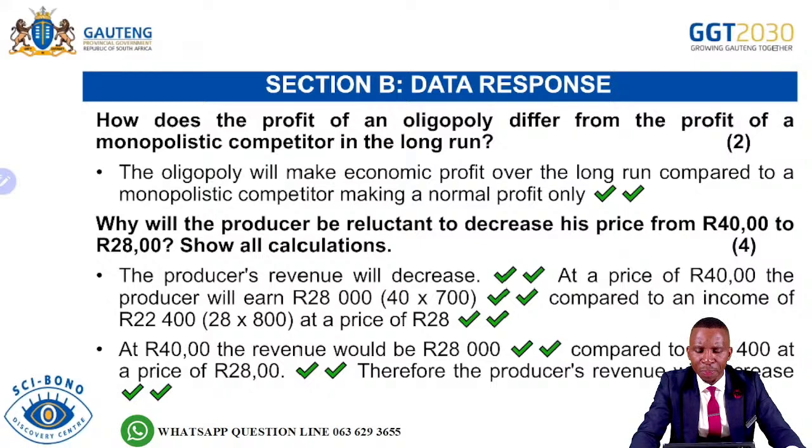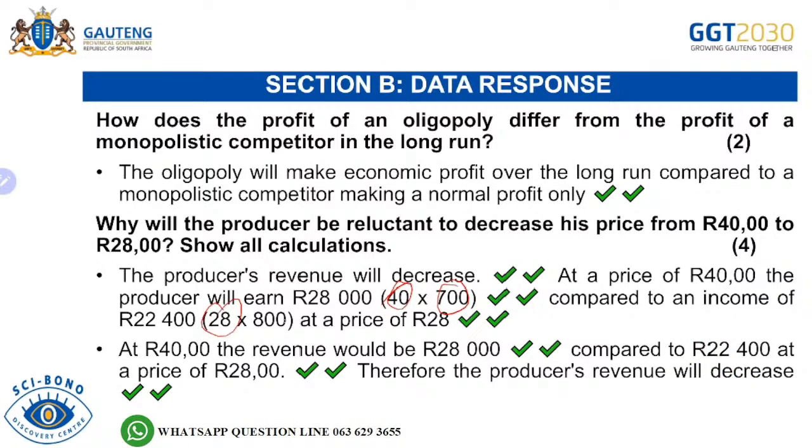Why will the producer be reluctant to decrease his or her price from 40 rand to 28 rand? Show all calculations. In this case, you have to calculate total revenues and compare. So let's see. The producer's revenue will decrease. At a price of 40 rand, the producer will earn 28,000 in revenue, when we say 40 times 700, as compared to an income of 22,400 when we say 28 rand multiplied by 800.